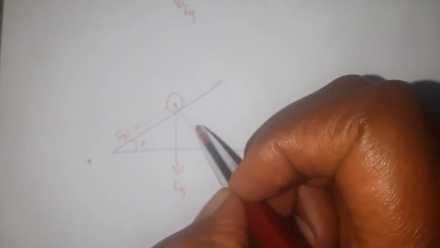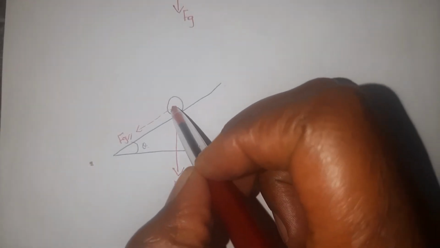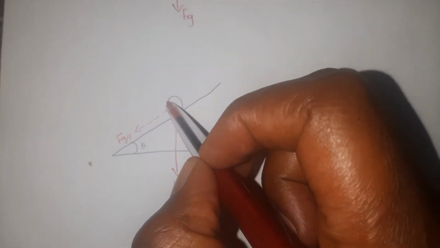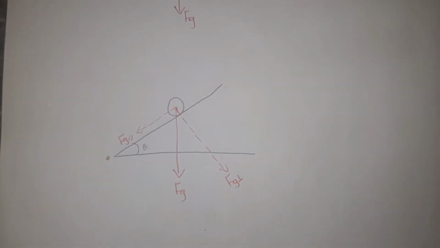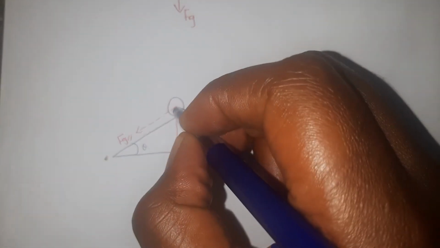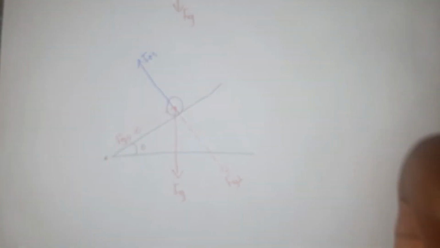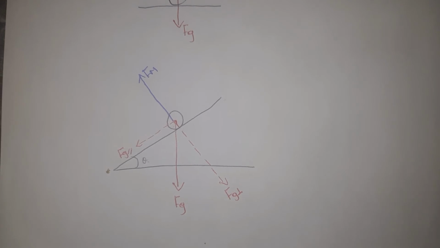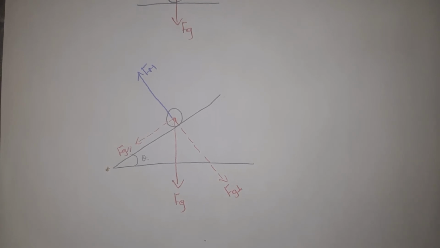Our normal force will be in the same line as FG perpendicular. This will be our Fn, our normal force. And these two forces will be equal to each other. That's why the ball never falls into the slope.